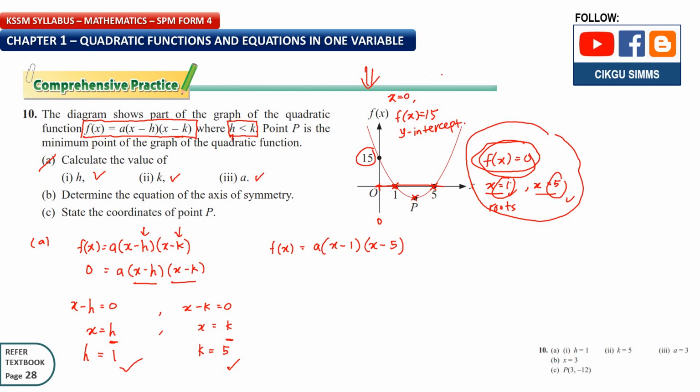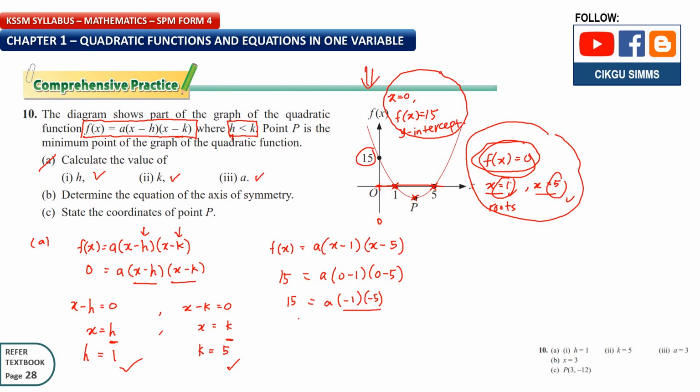Okay, so now I can use my second information from the graph. When x is 0, my fx is 15. So my fx is 15 and my x is 0. Okay, so 0 minus 1, I get negative 1. 0 minus 5, negative 5.